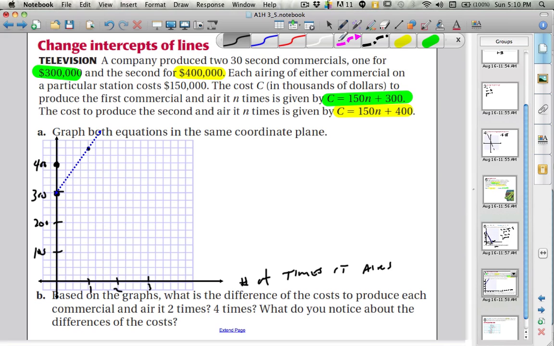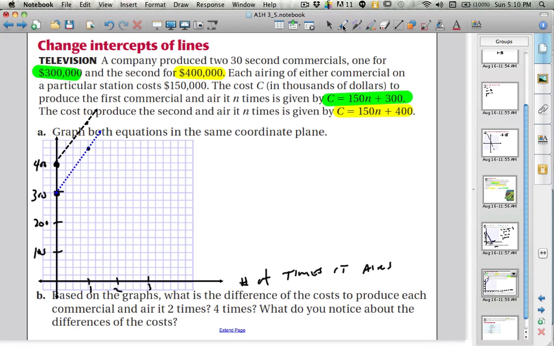And the same with the 400. If I air it one time, it costs me, that's 50, there's 100, there's 150. And in this case, you can see that these lines are essentially parallel lines, and they always maintain the same distance between the costs, and that's the difference in the cost of having made the commercial in the first place.